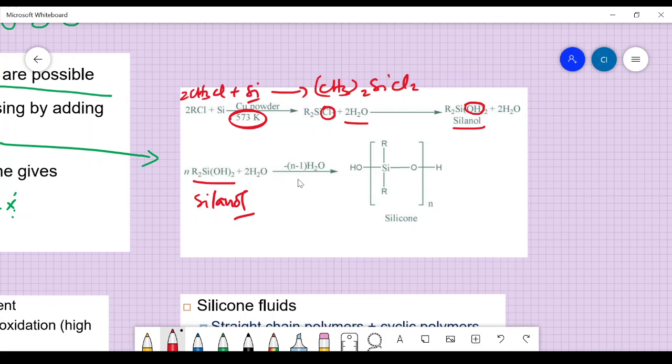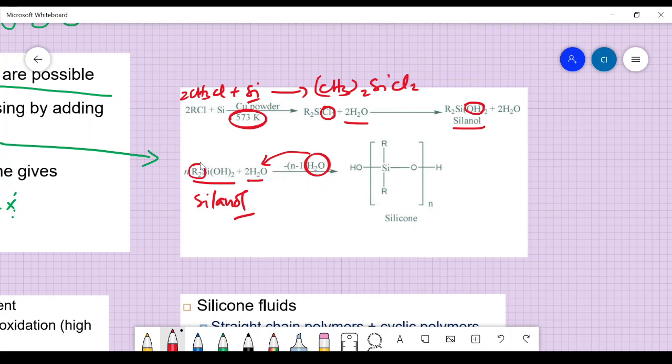With further reaction you get a condensation reaction, in which water is removed. This is a careful industrial reaction to give something like SiR2. Both the R's are retained there.